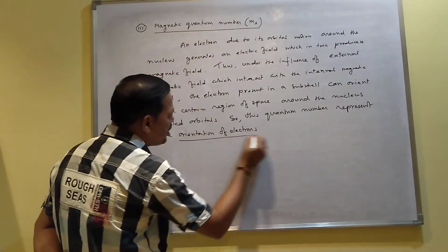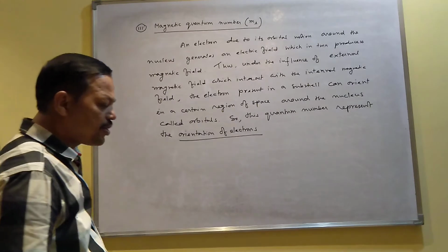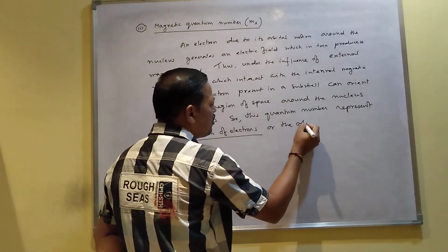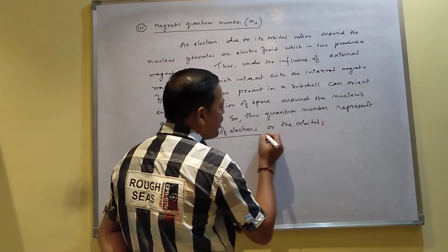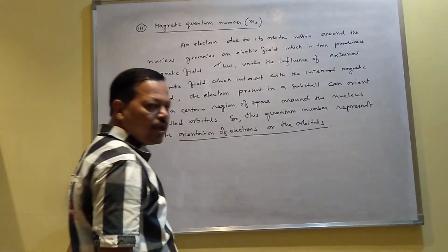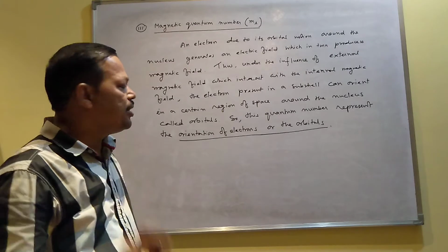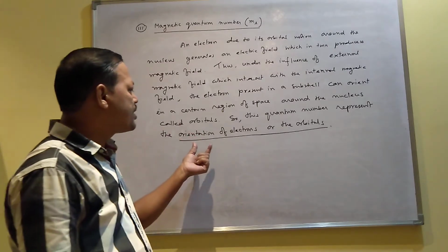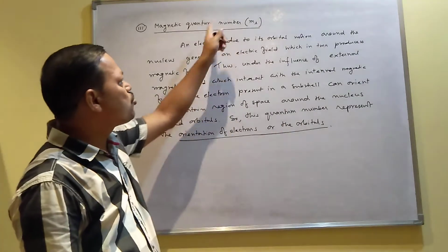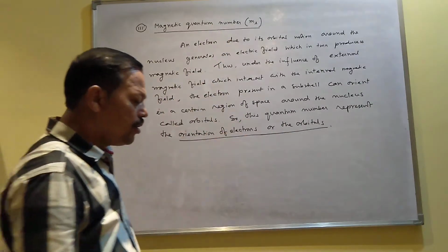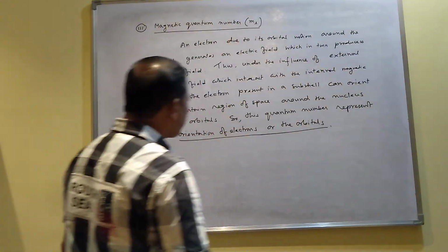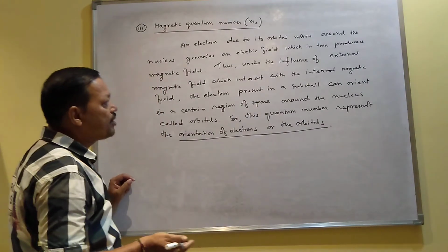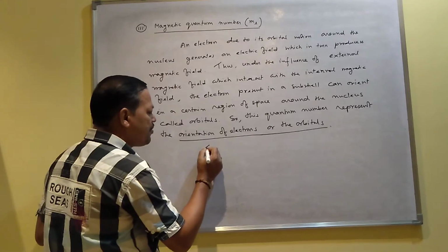This is important, what it represents: the orientation of electrons or the orbitals. Inside the subshell, the space where the electron is actually moving is called the orbital, and this quantum number represents the orbitals. Now, if you want to find out the number of orbitals present in a subshell, you can find it like this.